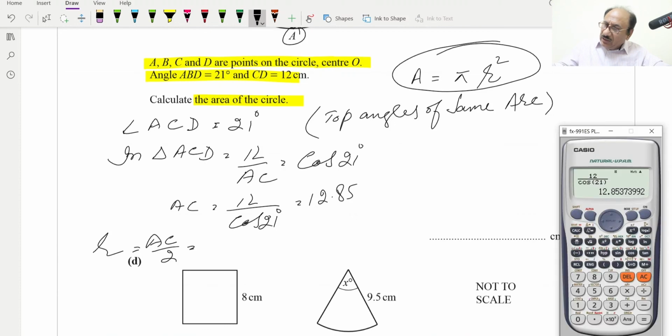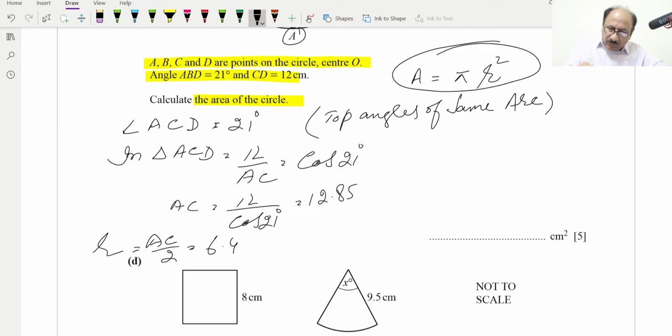So this value, which is already written on the calculator, I will divide by 2 and we'll get the radius, which is 6.426. I'm keeping these numbers on the calculator, and now we can insert them in this formula.